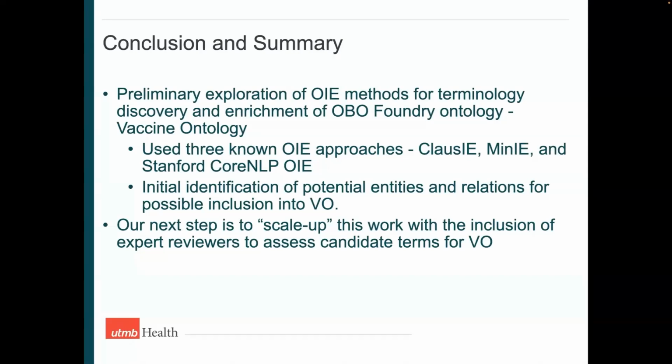While this work is early, we did find probable entities and relations extracted through these methods that might be used to enrich the vaccine ontology. Our future work will entail reviewing the accuracy of the available OIE methods and utilizing a larger corpus of vaccine-related PubMed text to expand the vocabulary of VO.